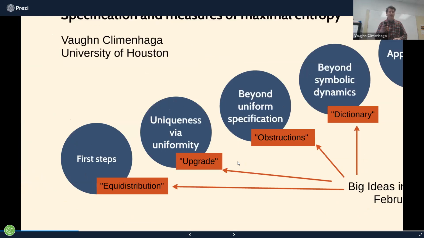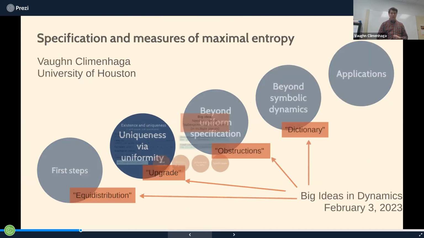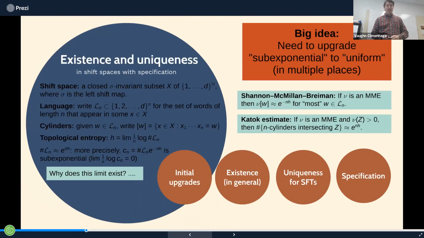We are going to move on past the first steps into the general principle that lies behind uniqueness. So the idea in that first section was that equidistribution is the thing that maximizes entropy. And now we want to look at the question of how you prove existence and uniqueness of a measure of maximal entropy. And the key word I've said is upgrade. So what's being upgraded?